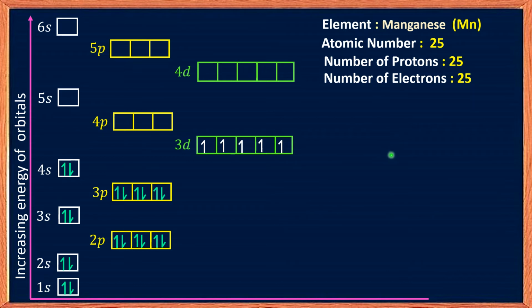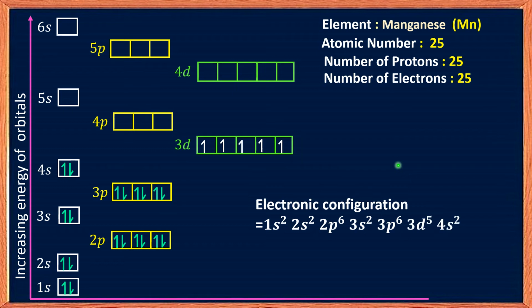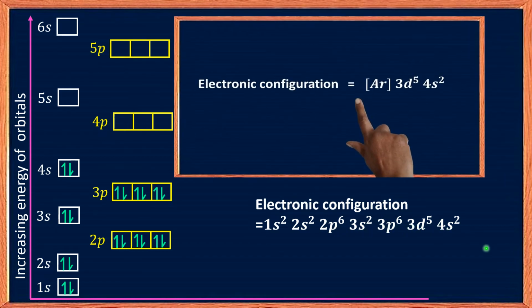So then what is the electronic configuration of manganese now? 1s2, 2s2, 2p6, 3s2, 3p6, 3d5, 4s2, or in the short way we can write it as argon 3d5, 4s2. That is, before 3d5, 4s2, argon electronic configuration is there.